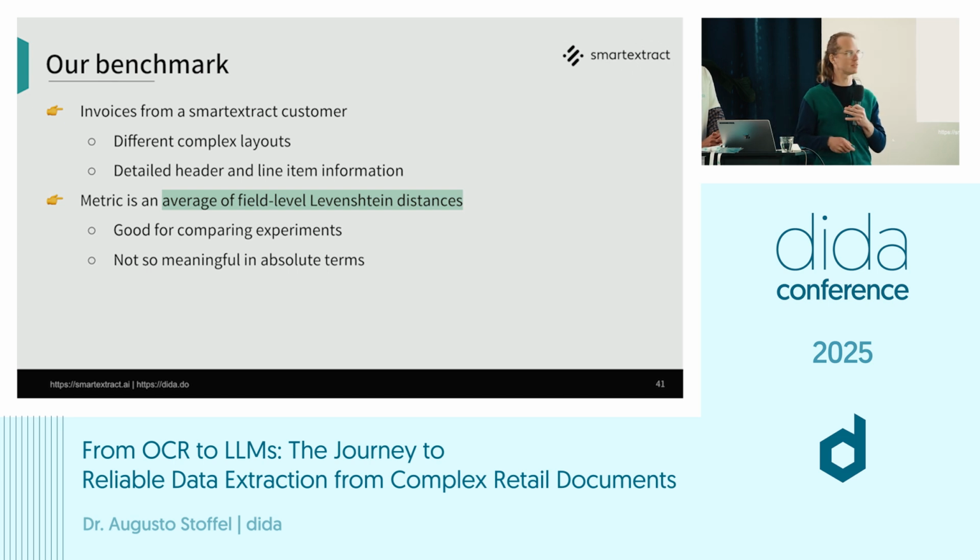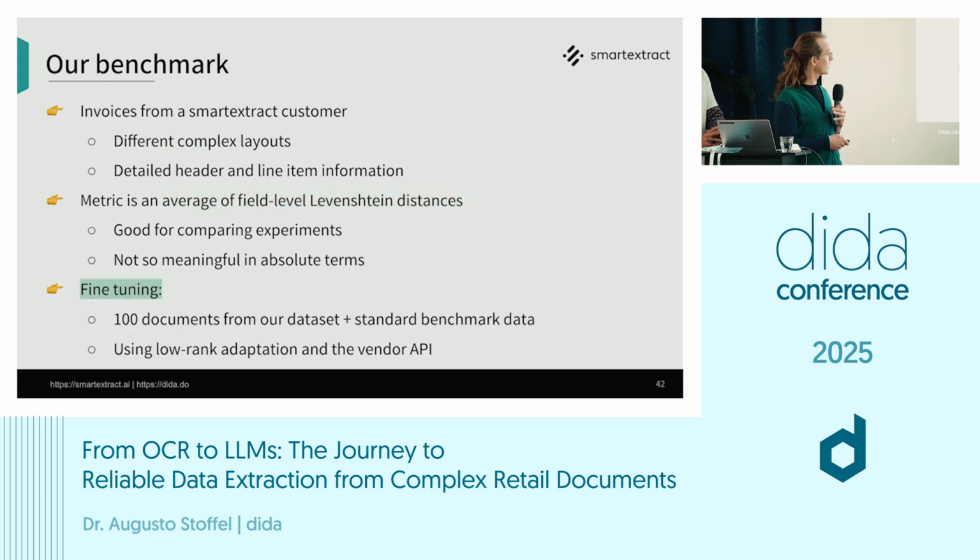I think we shouldn't even worry too much about it here. And then finally, when I talk about fine-tuning, I just want to say up front how it was done. So we took 100 documents from our user, which we labeled, and then threw in together with that a bunch of benchmark data. So some of these standard benchmark data sets you get online, you can download.